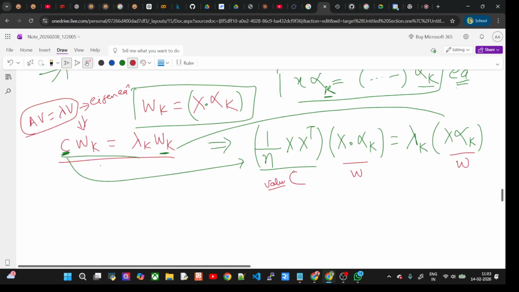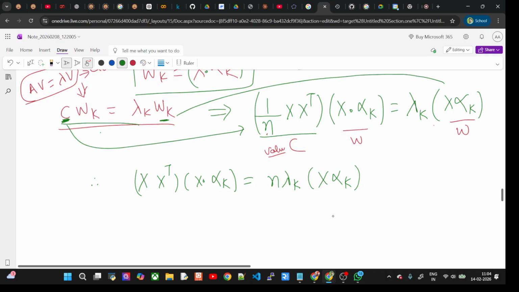If you simply rearrange this equation, n goes to this side: x into x transpose, x into alpha k, and n into lambda k, everything as it is. I am not making any changes.